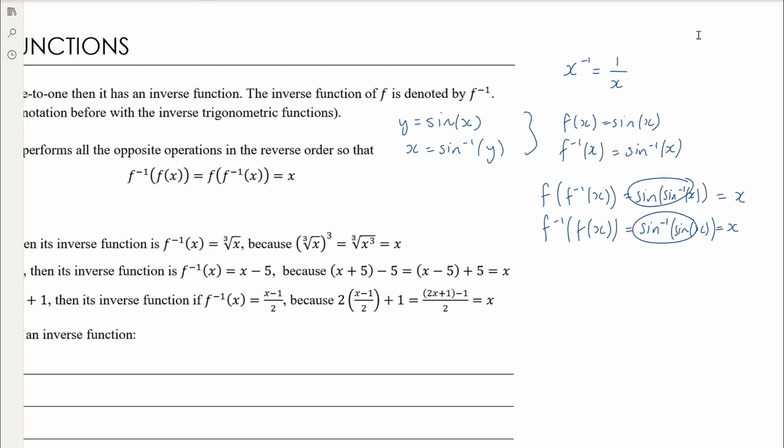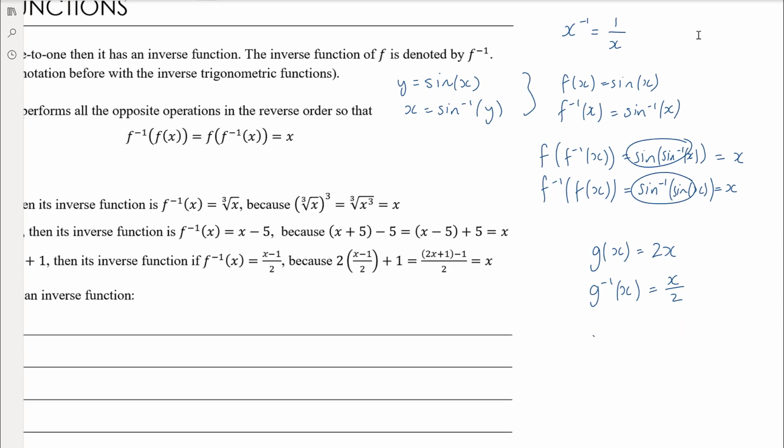It's the same logic if we've got a function, let's say it's 2x, then its inverse function would be x divided by 2. It's the opposite operations. If we substitute the inverse function into the original function, we get 2 times x on 2, and we just get left with x.